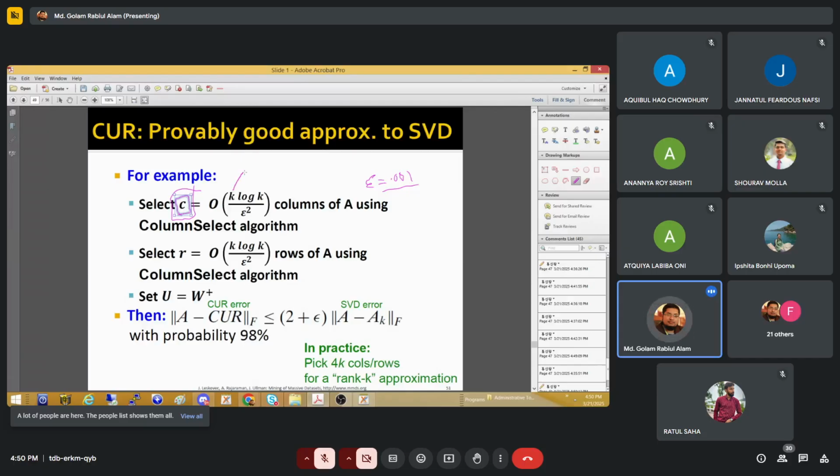But what is k here? That is k log k. You can see here is A_k. A is our original matrix, and A_k means we consider only the k-th number of elements from SVD.